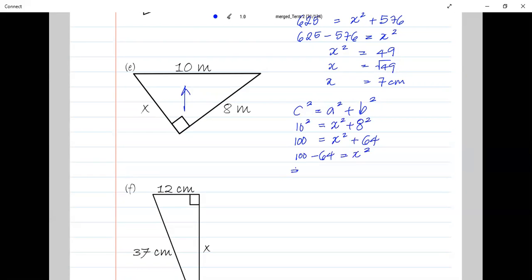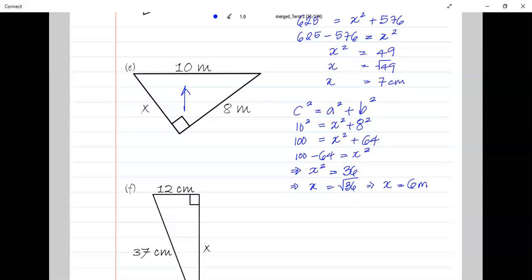Therefore, turning this around, I'm going to get X squared is equal to 36. Now, the opposite of square is square root. So therefore, X would be the square root of 36. Therefore, X would be equal to 6 meters.